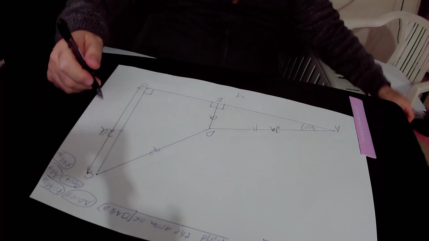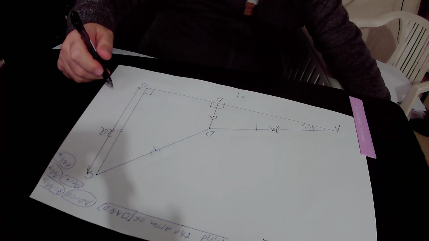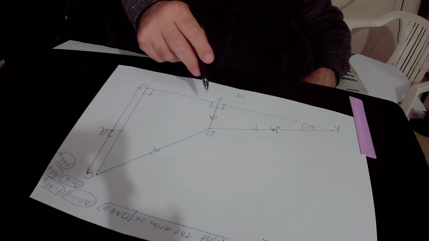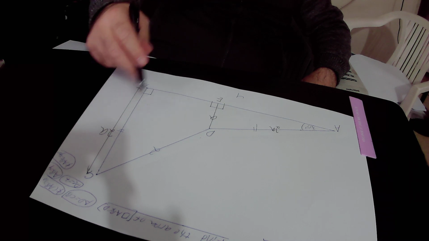In the next step, from point D, we will draw a perpendicular to CB.